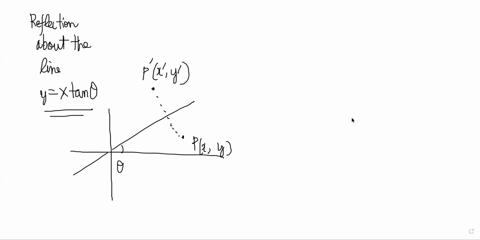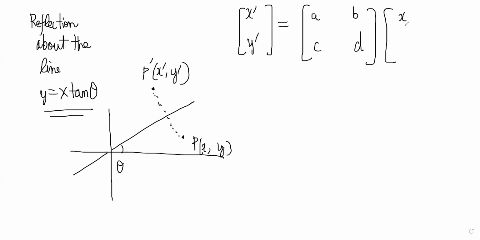Obviously, first you will have to find the point x dash, y dash by normal coordinate geometry methods. If you find the point, only then can you write a matrix equation which, after multiplying the matrix, gives x dash, y dash. This is not a difficult calculation.